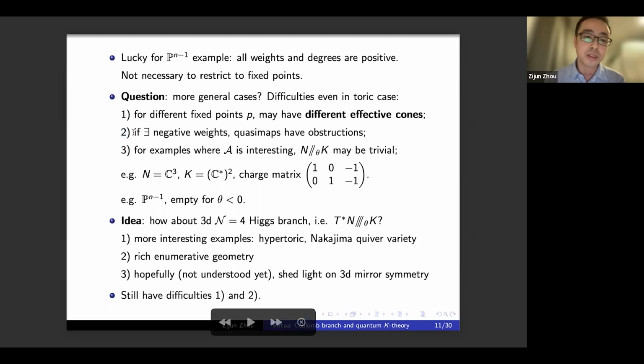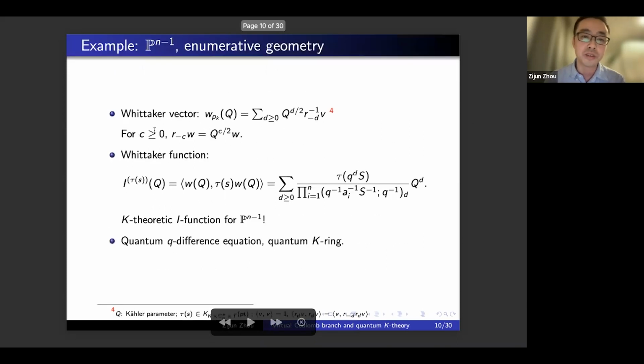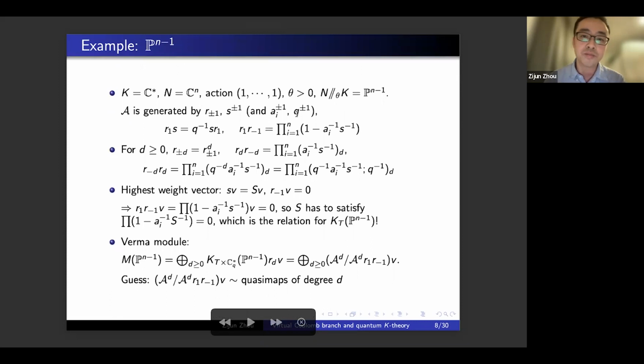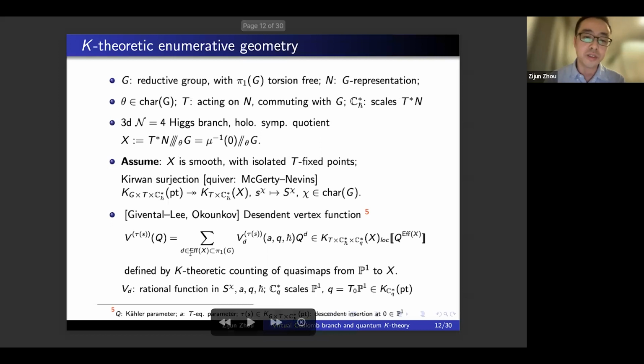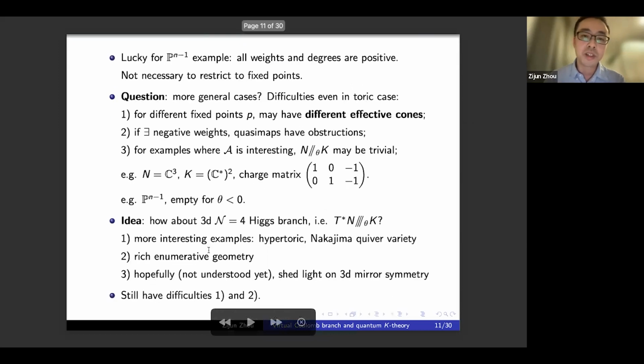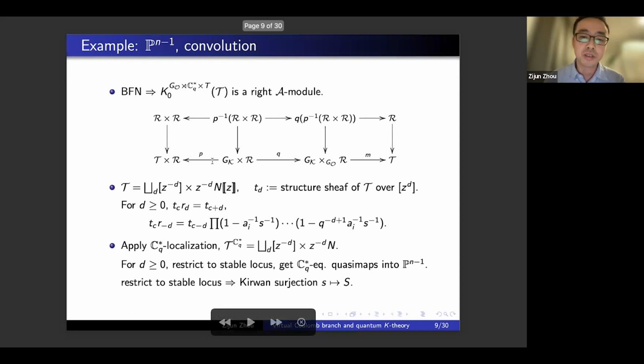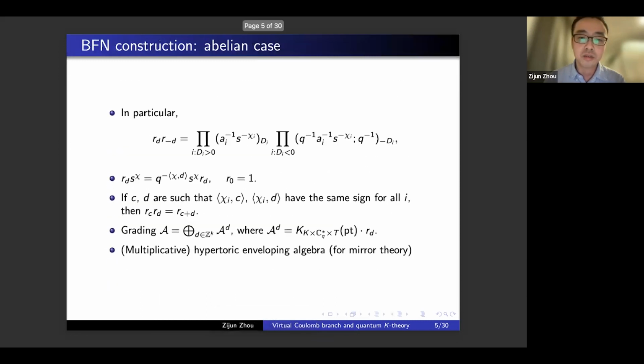The second difficulty says that if there are some negative ways, by negative ways I mean, for some co-character D in the effective cone of X, this pairing of chi_i with this co-character D may be negative.